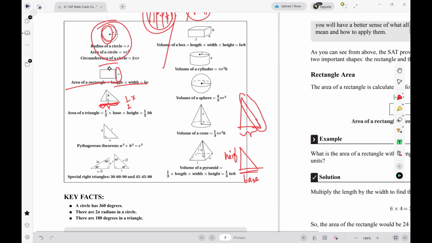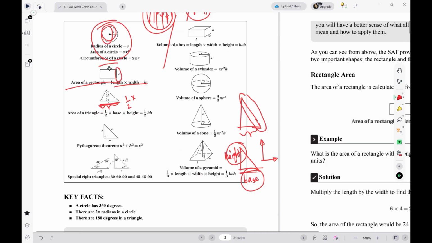You just need to be sure about which is the perpendicular distance and which is the other side, so don't be confused about that. So this is the area of a triangle: half multiplied by base multiplied by height.